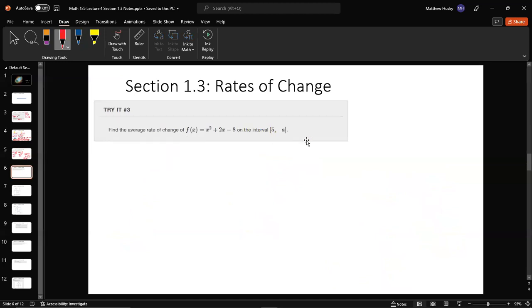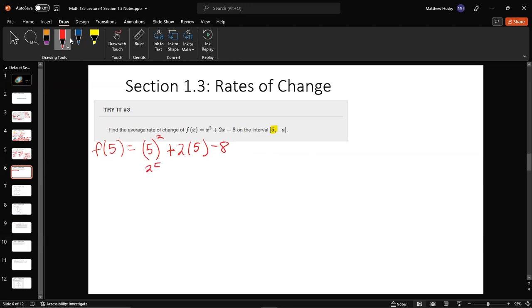All right, find the average rate of change on the interval 5 to A. So this one's going to be a little bit different here. Let's see, this is 5 where we're going to start. So we're going to start by putting in the value 5 into this function here. So what is that? That'll be 5 squared plus 2 times 5 minus 8.